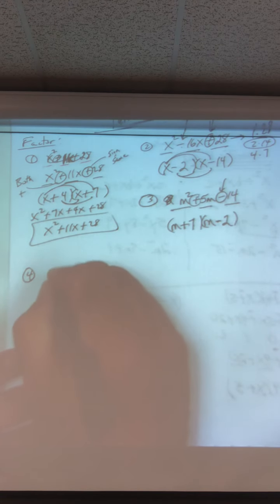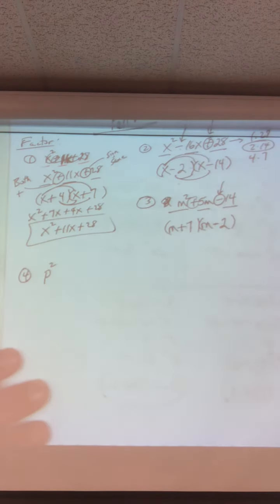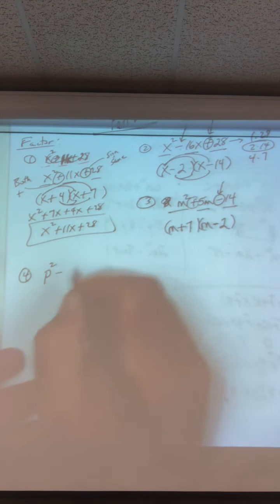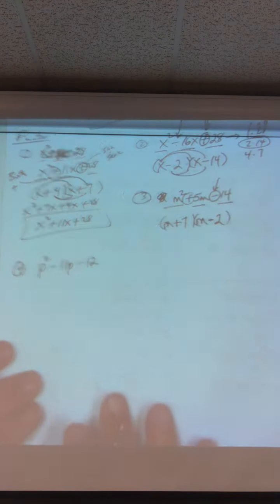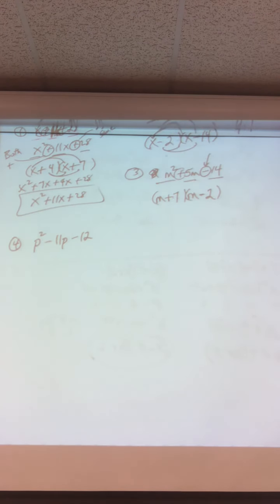P squared minus 11p minus 12. P squared minus 11p minus 12. All right, what's the first thing we look for?